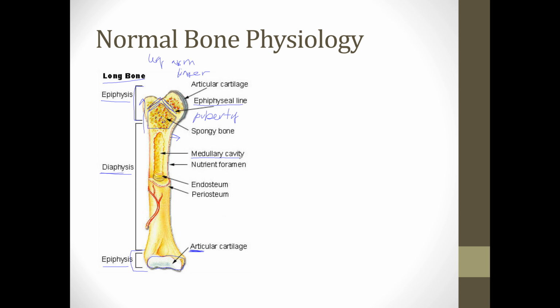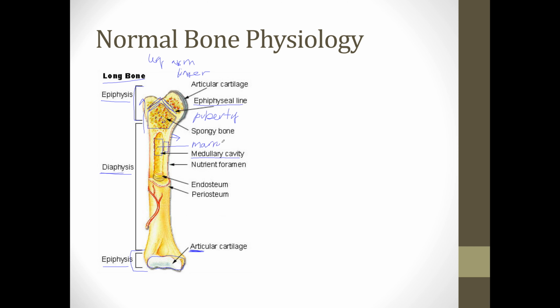Remember, medulla is always the inside of something, where the cortex is the outermost area. So we call this area, for example, cortical bone, and the trabecular bone is inner. In long bones, there's a cavity, and that cavity is filled with things like bone marrow, where all the fun stuff is happening.